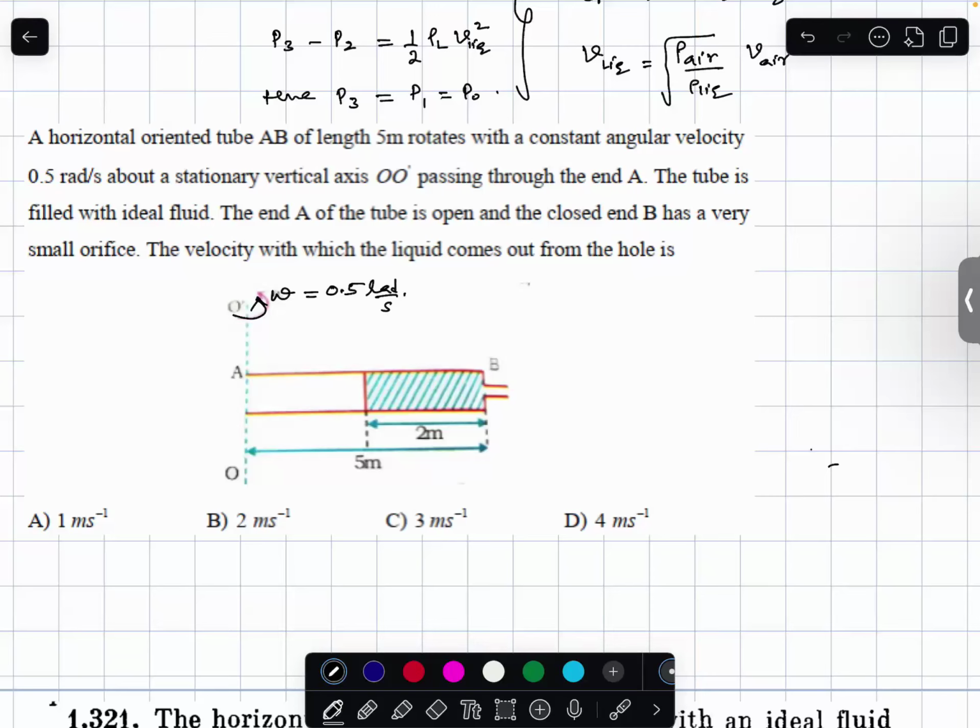The tube is filled with ideal fluid. The end A of the tube is open. This is open, which means here the pressure is atmospheric pressure. The velocity with which the liquid comes out of the hole is?